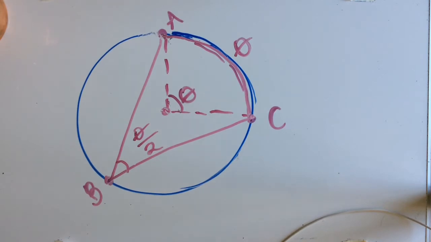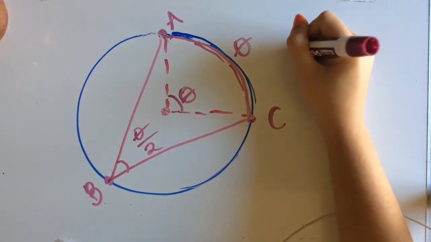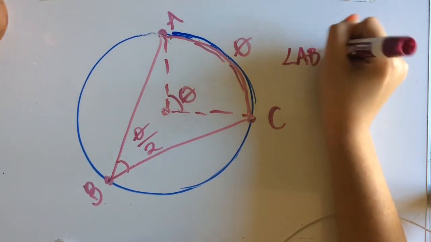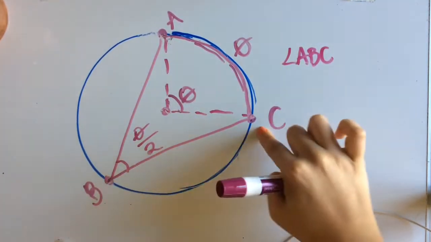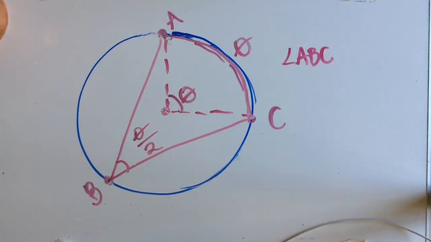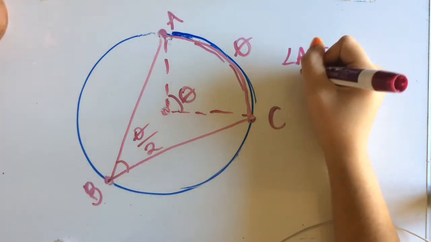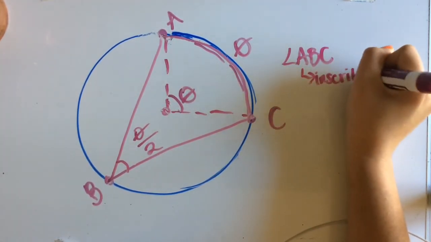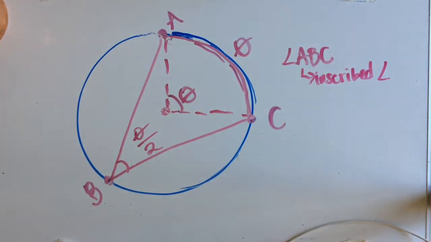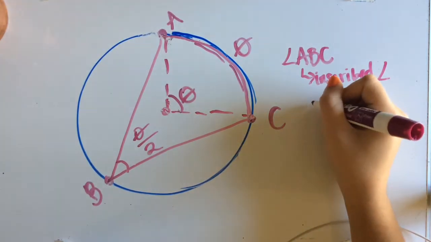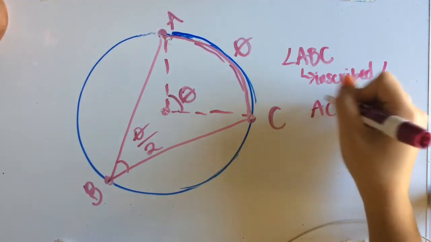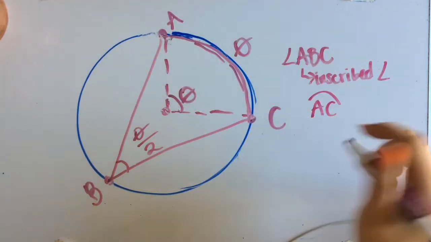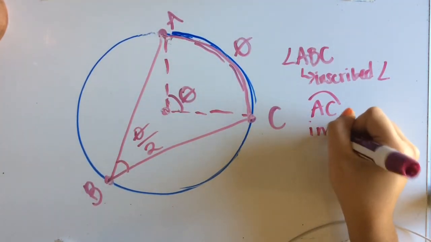So with your notes, angle ABC is an inscribed angle. That is our inscribed angle. Our other term was intercepted arc. So arc AC, this arc right there, is our intercepted arc.